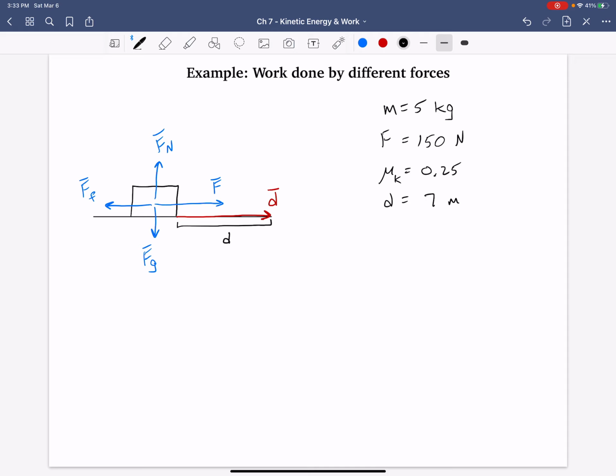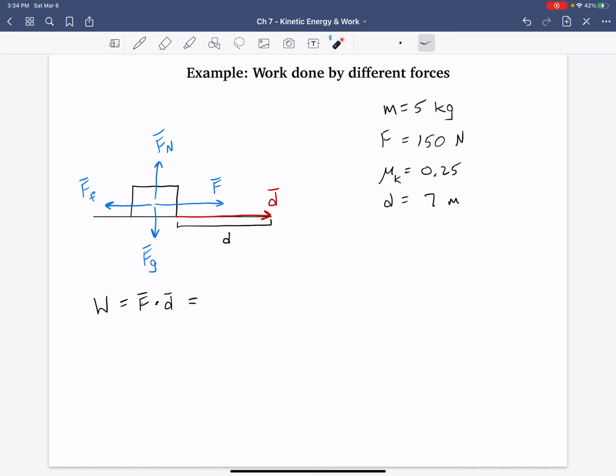The first work we can do, let's do the applied force. So the work done by the applied force. So F dotted with the displacement d, right? This is always the work equation. Again, it's the relationship between a force and the object's displacement, okay? So because this force, the applied force, is parallel to the displacement, that force will do the maximum work, okay?